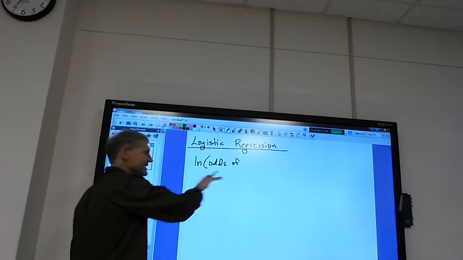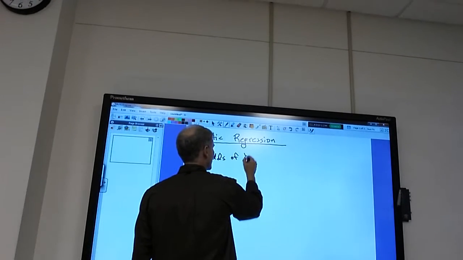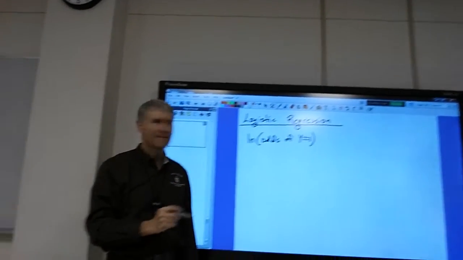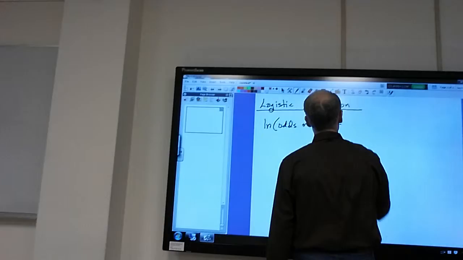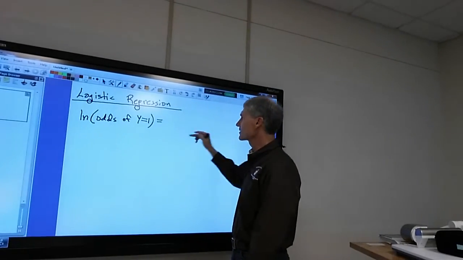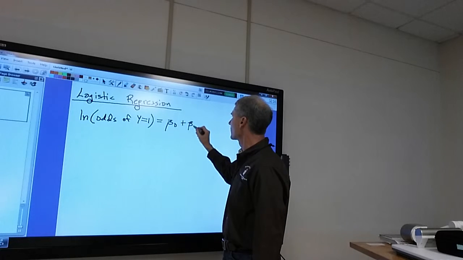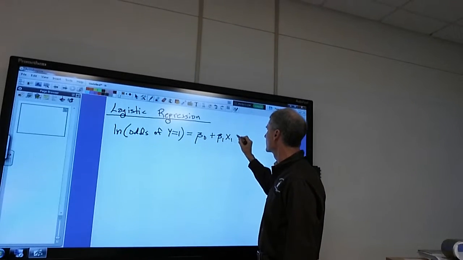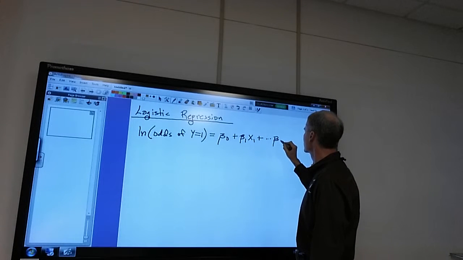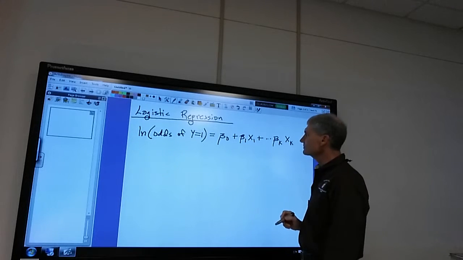I'm writing this out more as a sentence: the log odds of y equal 1 is equal to a linear regression type model. So beta 0 plus beta 1 x1 plus, however many x's you have, so we'll call it beta k x of k.